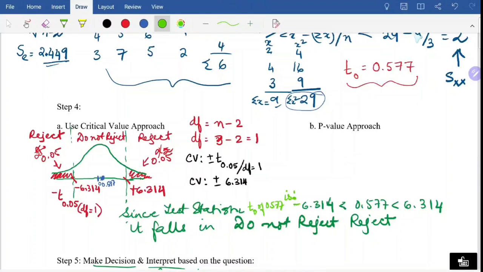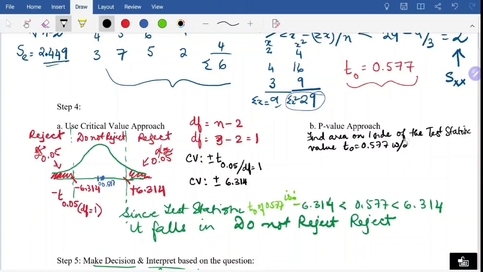You have to take your test statistic value. So find area on one side of the test statistic value, which in our case is t sub 0 equals 0.577 with DF equals 1, all right?